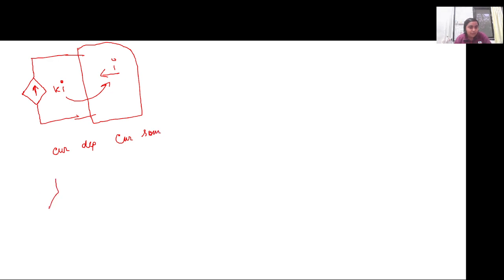There could be a voltage dependent current source, in which it will be some k dash into V. This V will be some voltage at certain parameters of the branch. These two types of dependent current sources are present, and in case of voltage source, it could be a current dependent voltage source, in which the voltage, let's say alpha, will be some constant into some current that is flowing in a circuit.